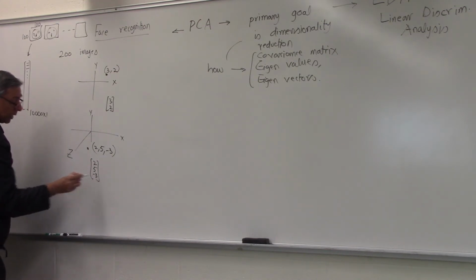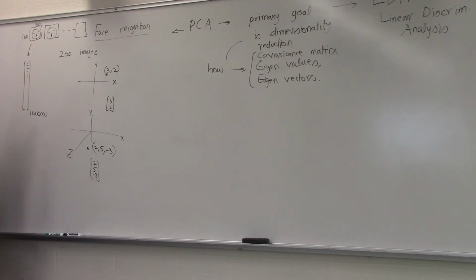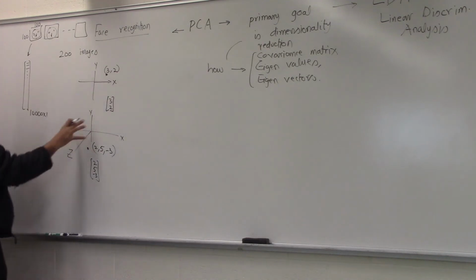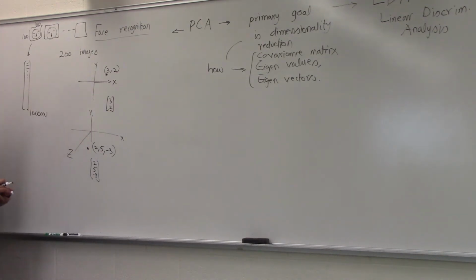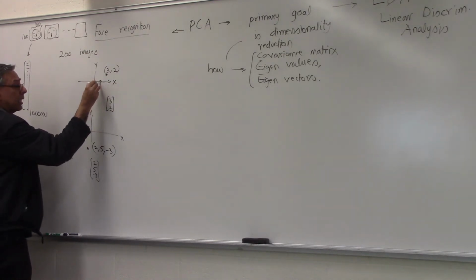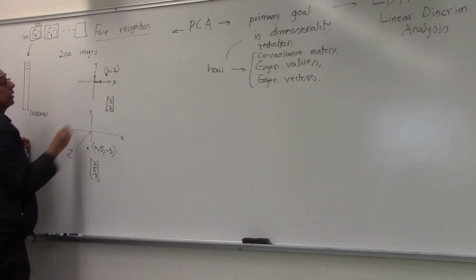Just like with our x-axis and y-axis, we have a unit vector in each direction with a magnitude of 1.